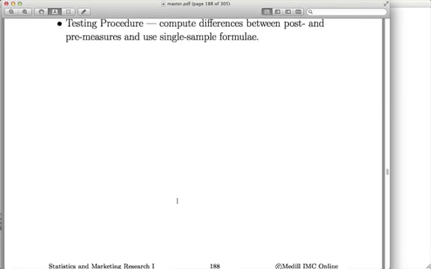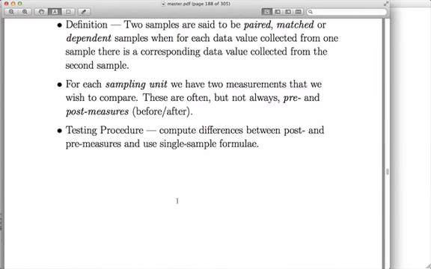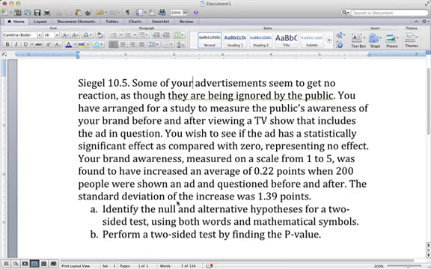All right. So what I thought I would do now is a problem from Siegel with you. I've typed this into Word, so you don't have to have your book. It's problem 10.5. Now 10.5 is actually in the single sample section of problems in the book, but it's really a paired sample test. So let's go through this.